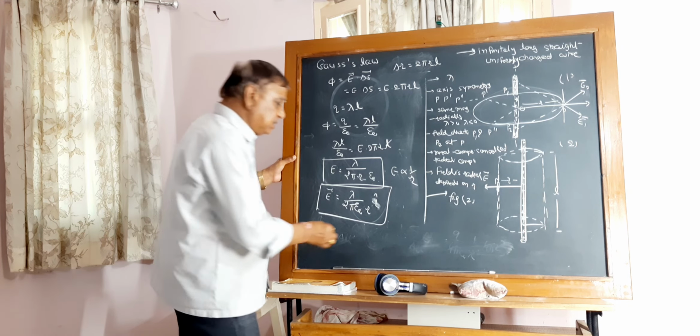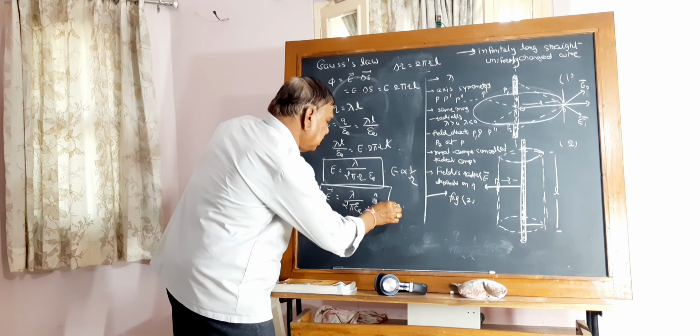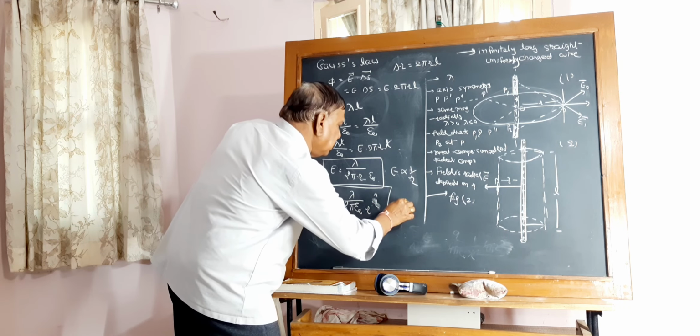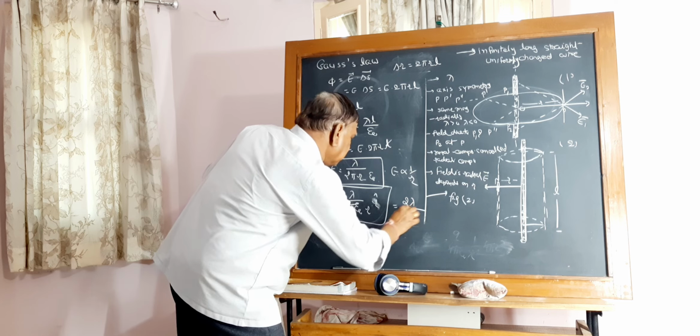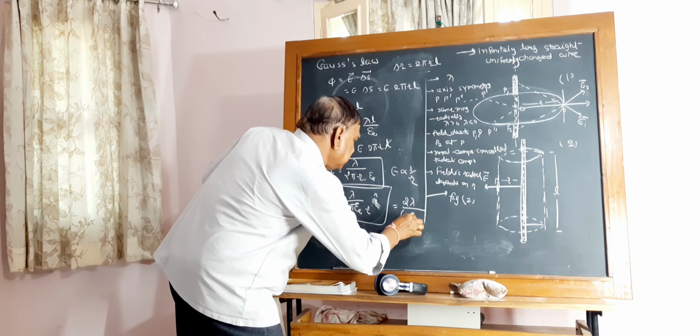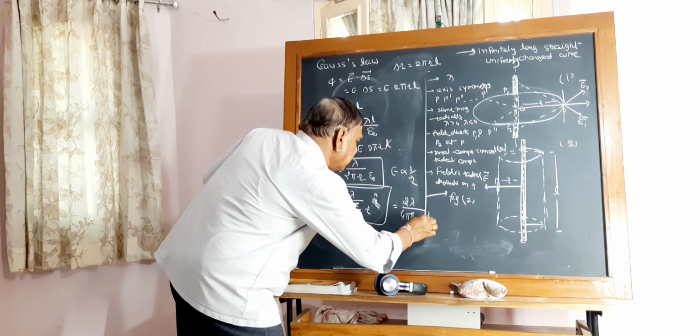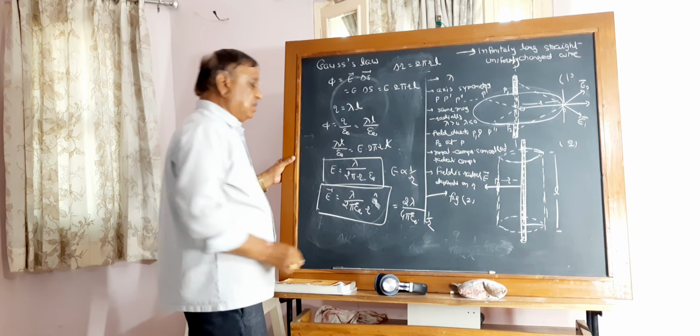It can also be written in this way: 2 lambda upon 4 pi epsilon 0 into 1 upon r in magnitude.